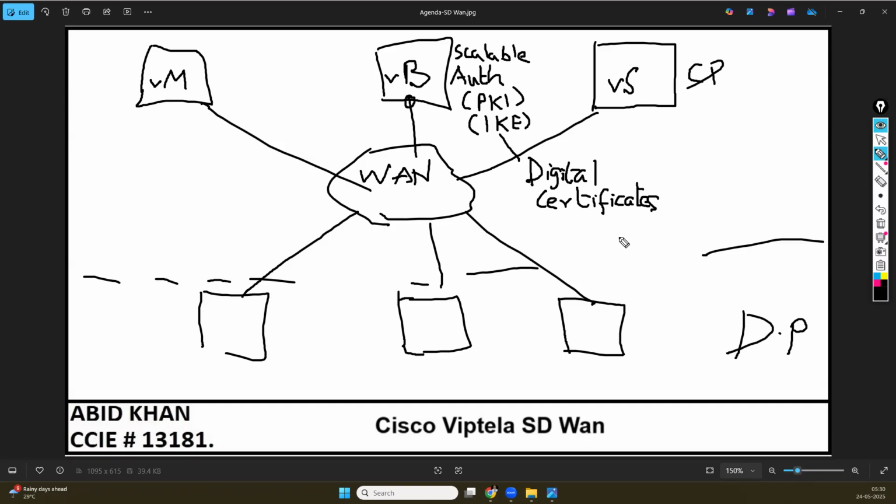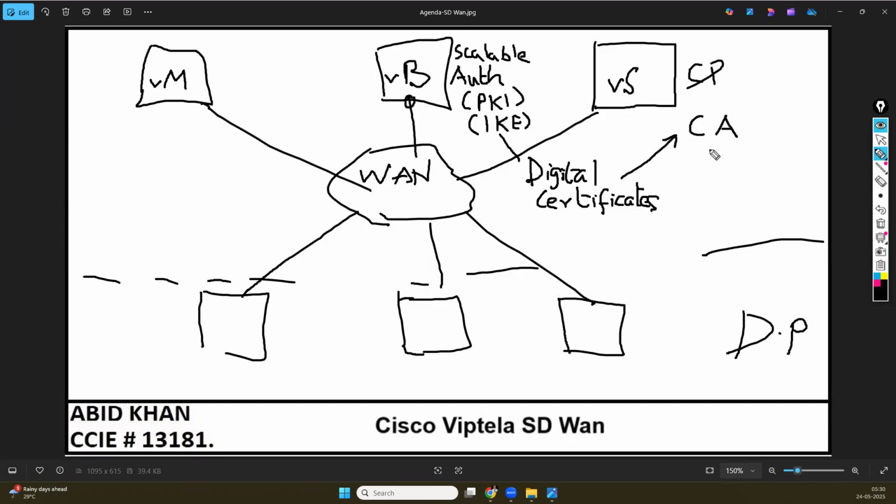And whose digital signature do the certificates carry? Who authorizes this digital certificate? Every device can generate its certificate, but it has to be signed by somebody else. Some signing authority has to be there, and that signing authority we call CA, certificate authority.